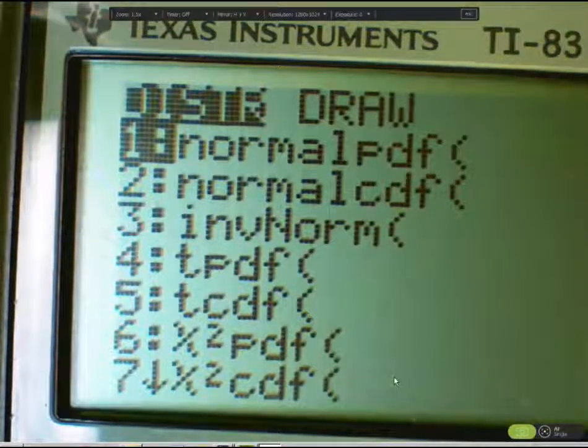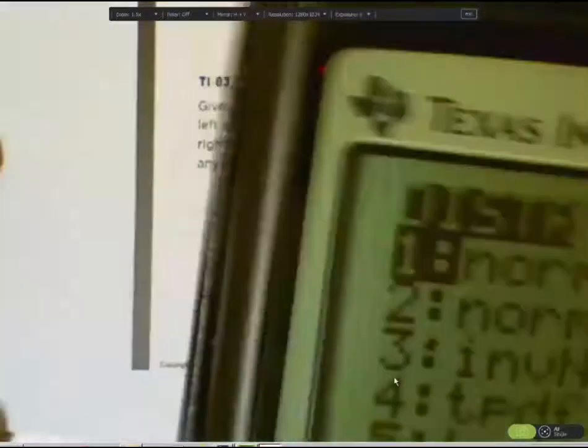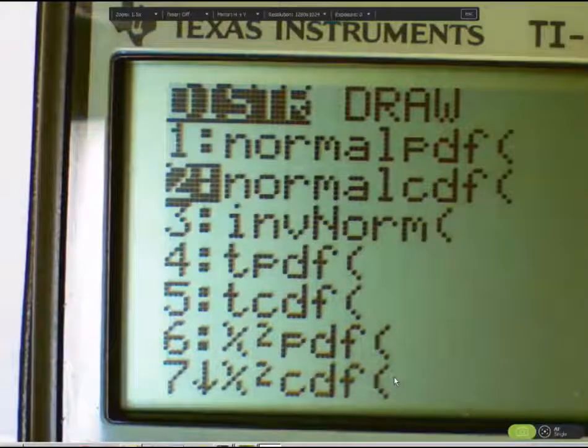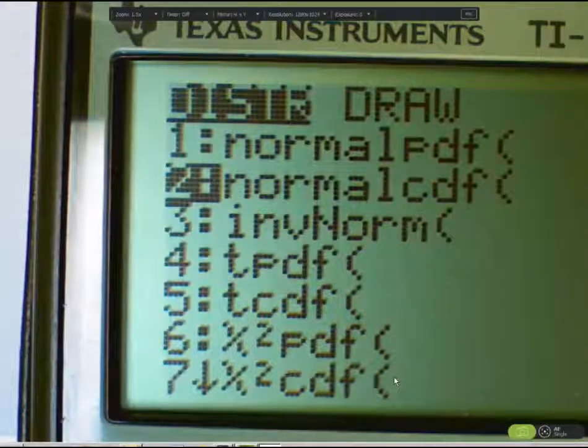And then choose normal CDF, number 2, and I'm going to give the calculator the left boundary and the right boundary that I was given.